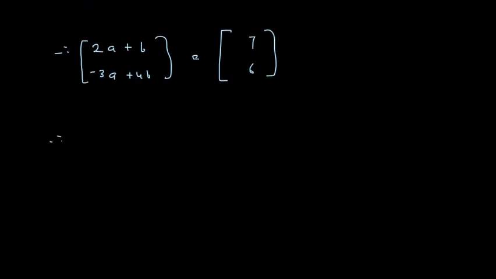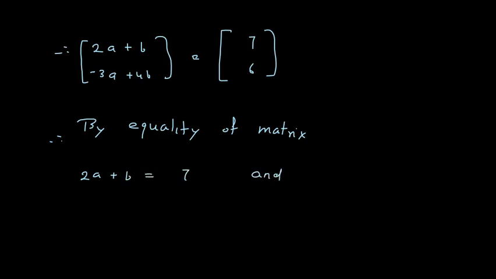So therefore by equality of matrices, 2a plus b is equal to 7, and minus 3a plus 4b is equal to 6. This is equation 1, this is equation 2.